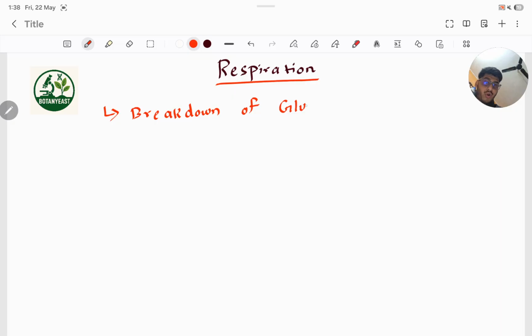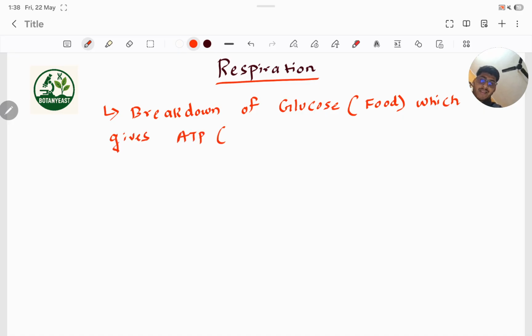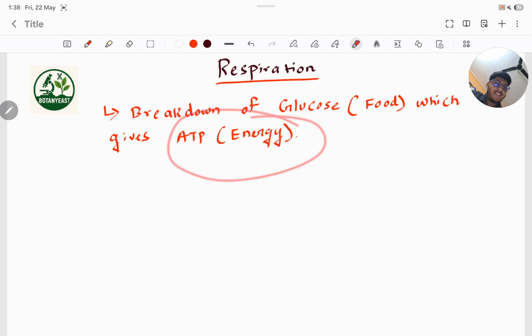Of glucose occurs, or you may tell it food occurs, which gives ATP, that is energy. Now it is very easy. Respiration is any process by which breakdown of glucose occurs and it gives energy.